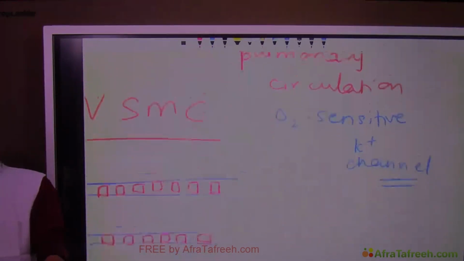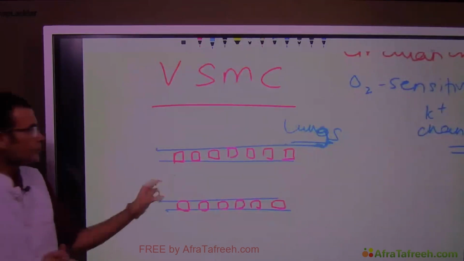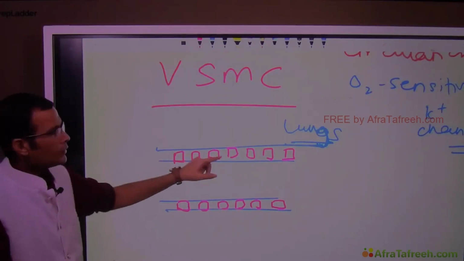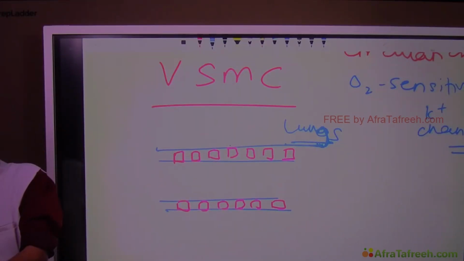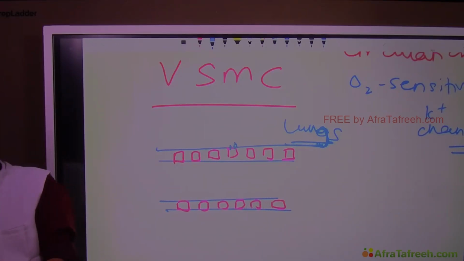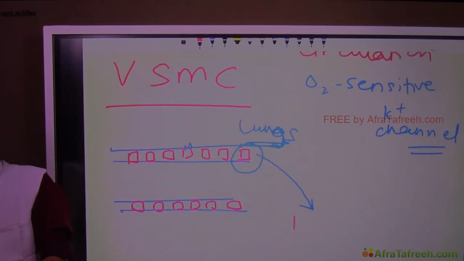Let's understand why it happens like this. Let's consider the lungs. Now, in the lungs, this blood vessel, and the channel that we are discussing is the O2 sensitive potassium channel. So I'm just enlarging this smooth muscle cell. Enlarged view of the smooth muscle cell. Here it is.